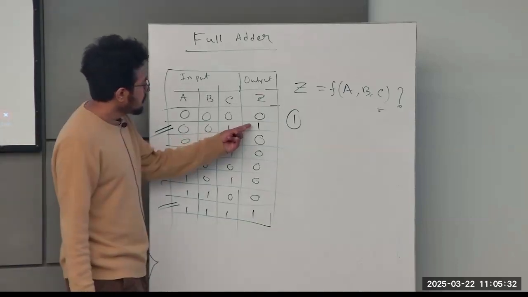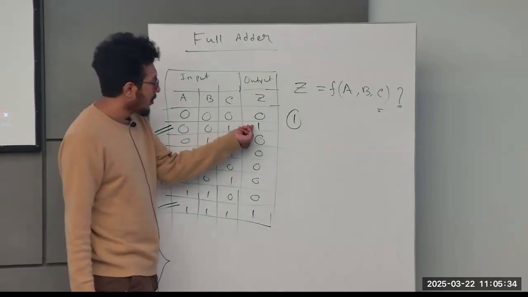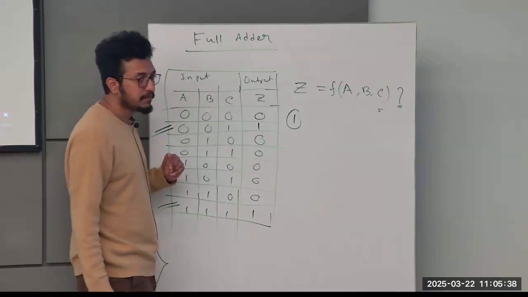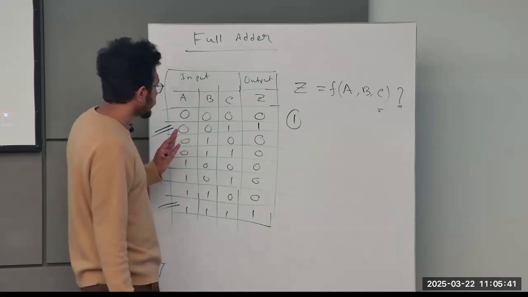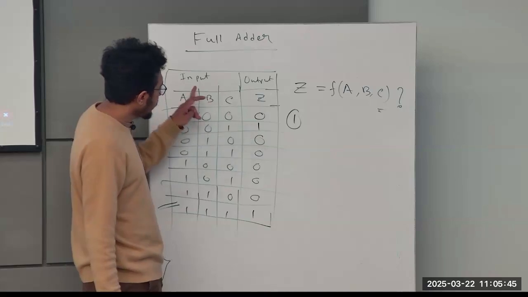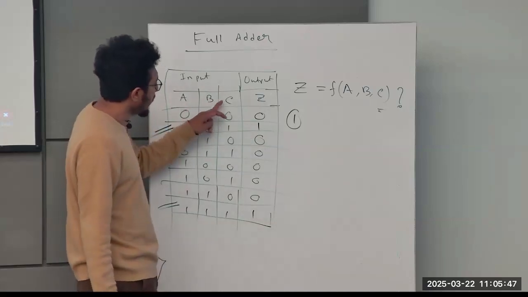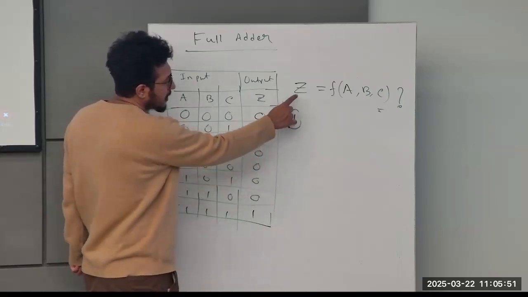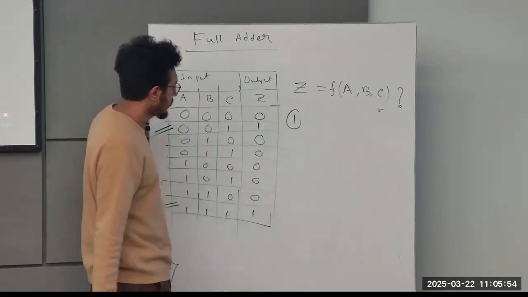So, how to make your output 1 when A is 0, B is 0, C is 1? Think about it. For this particular combination, you want to make the output 1. How can you do that?